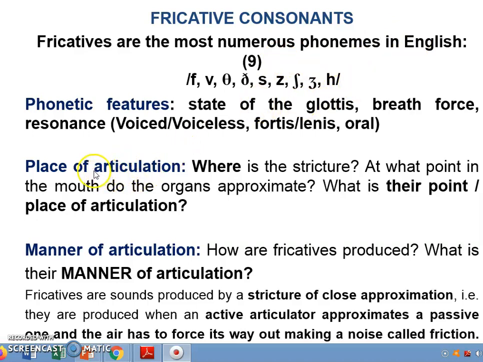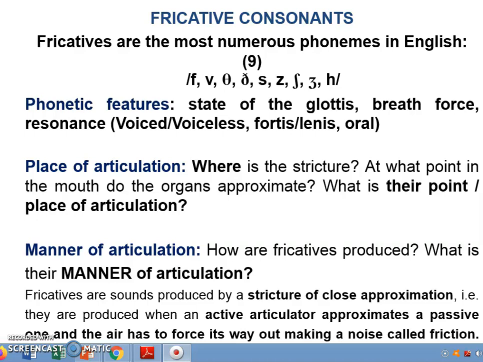We also have to describe the place of articulation. That is to say, we have to analyze where the stricture occurs, at what point in the mouth the organs approximate. We have to describe their point or place of articulation. And then we have to describe the manner of articulation, that is to say, how the fricatives are produced.